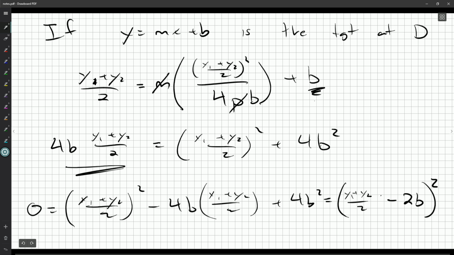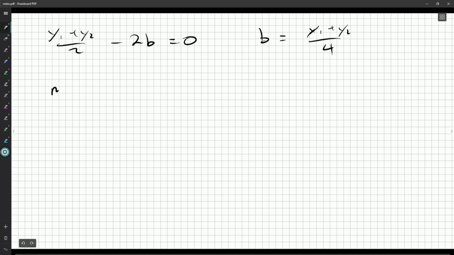And it also lets me then figure out the x-coordinate of D. So b needs to be equal to, let's bring the 2b over, divide by 2. So b is y1 plus y2 all over 4. Okay. So that's great.